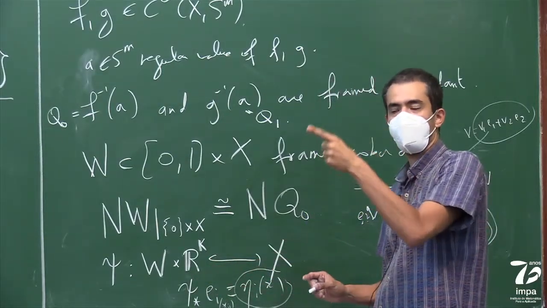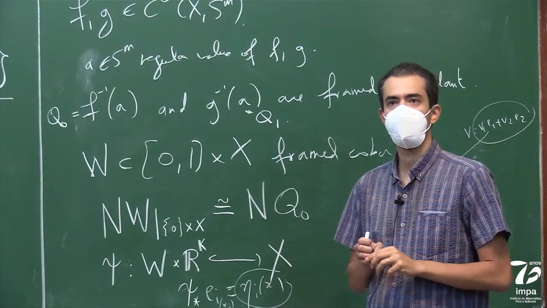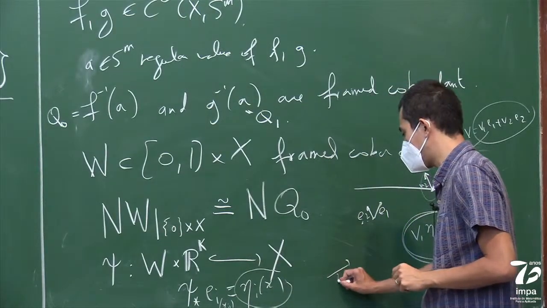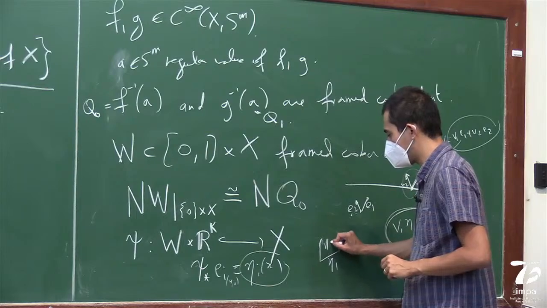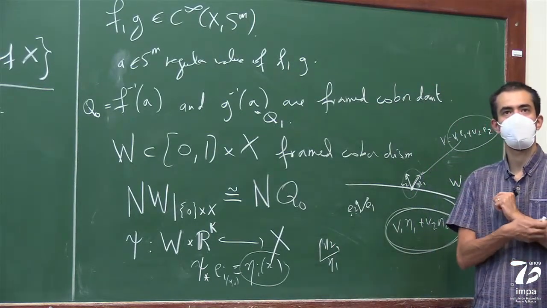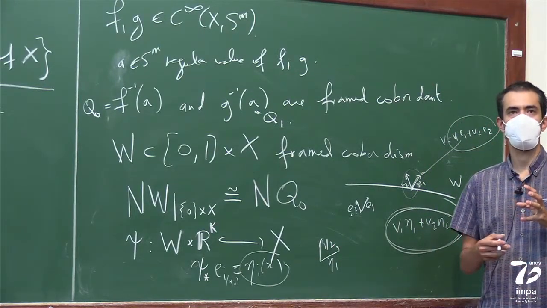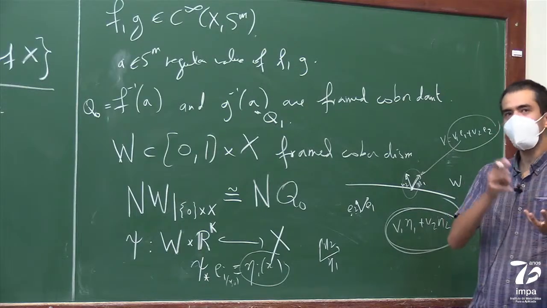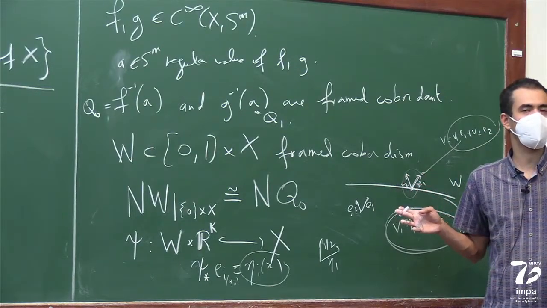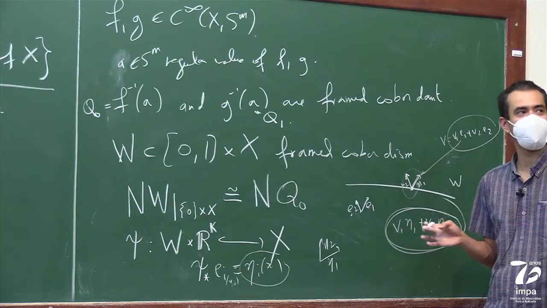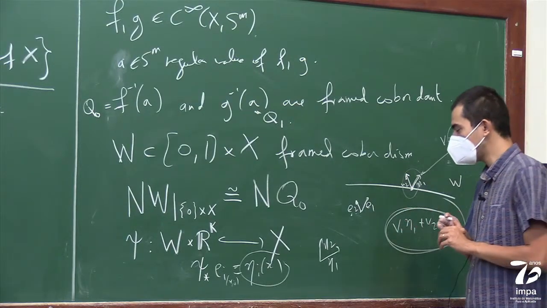So I get the specified framed object, the specified element of the framing. So eta_i are my elements of the framing, my bases of the normal bundle. I've said the same thing in several different ways over the last 2 or 3 lectures. I hope you understand what I'm saying.